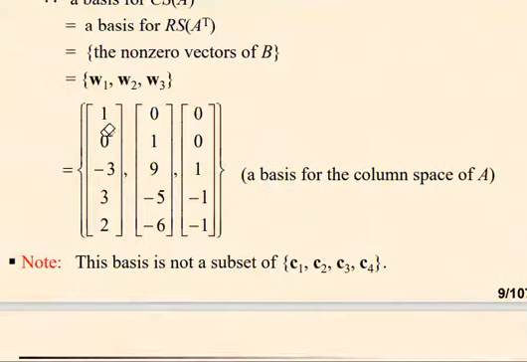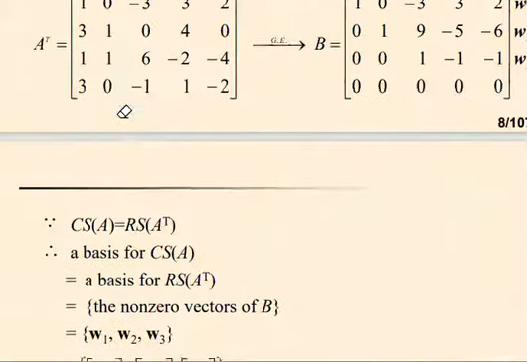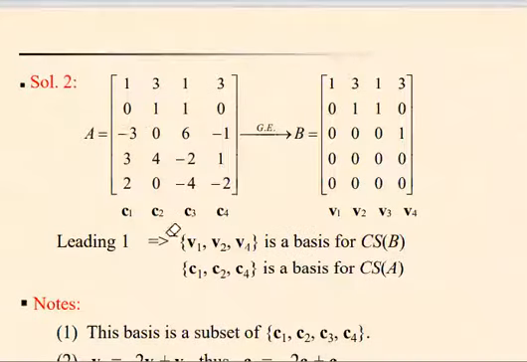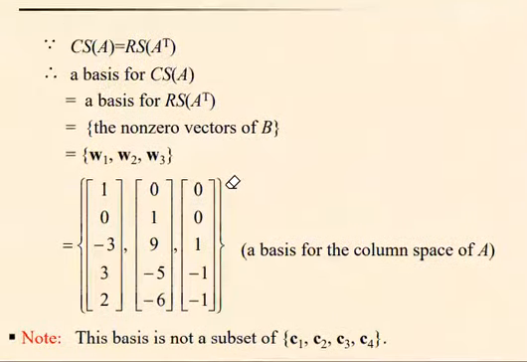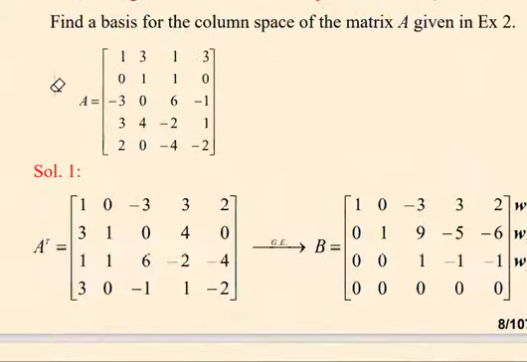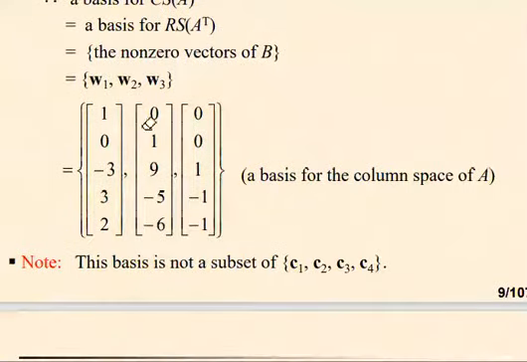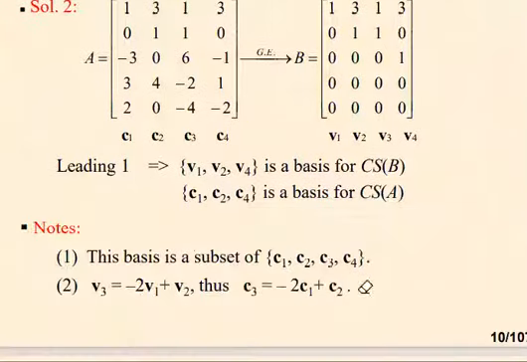But the previous one is not a subset of these columns. That's the difference. You can choose any method, right? You can transpose this and reduce that one, then you can find a basis, or in this way you can find a basis. Anything is fine, right?